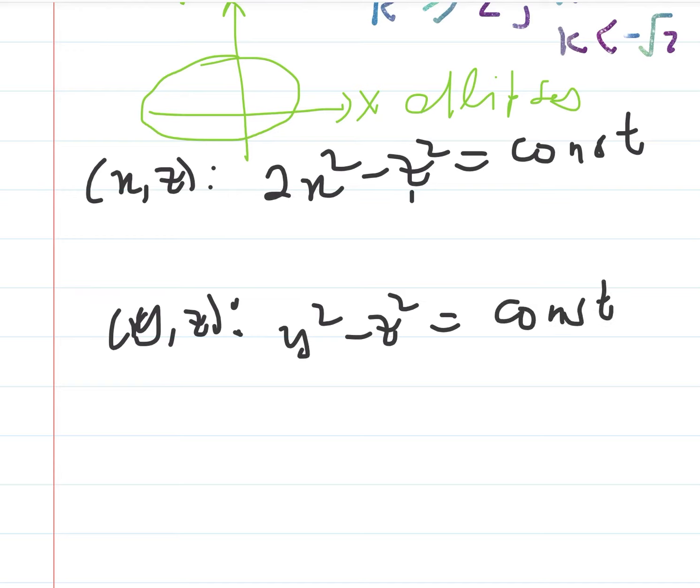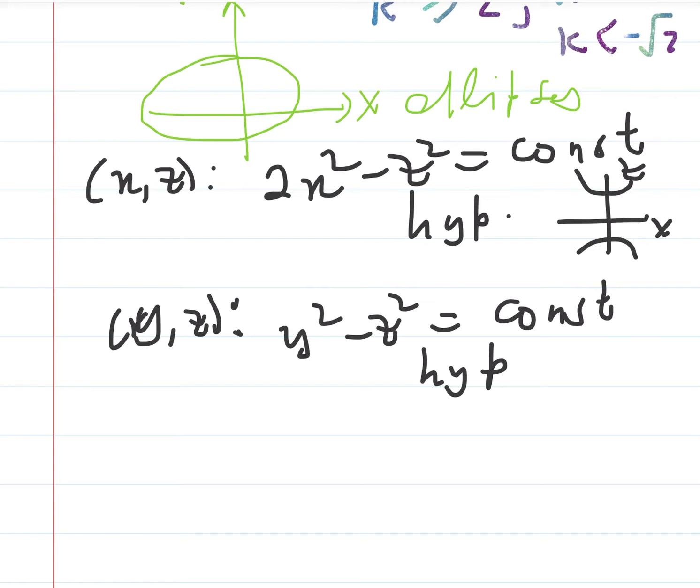In both these cases, we get hyperbolas in the respective coordinates. So in the xz system, if that is your x and this is your z, you get these hyperbolas that do that. And here, if this is your y coordinate and that is your z coordinate, you again get hyperbolas.